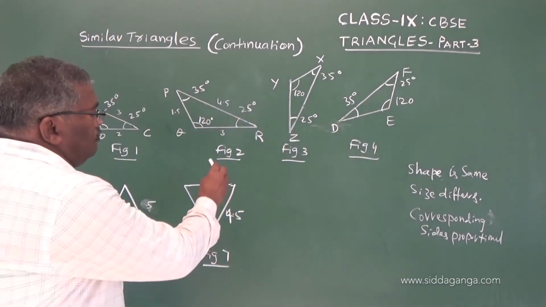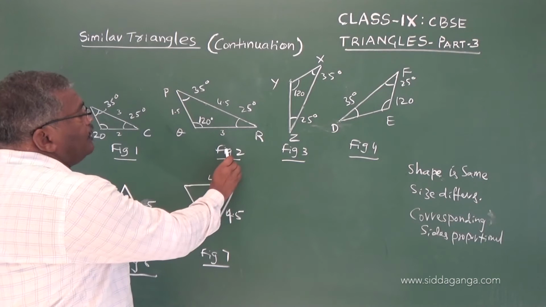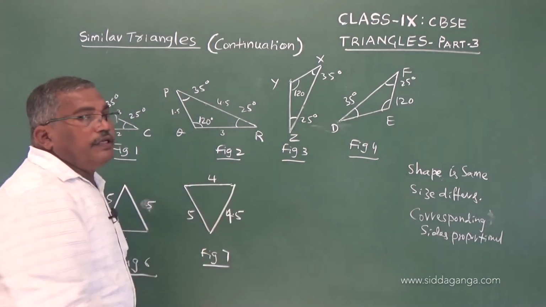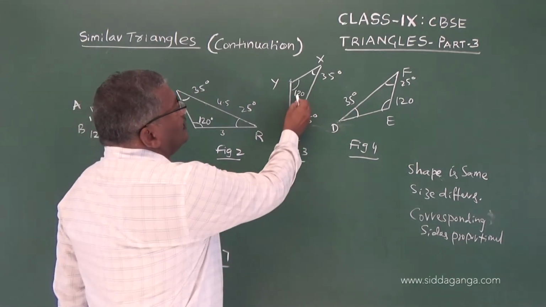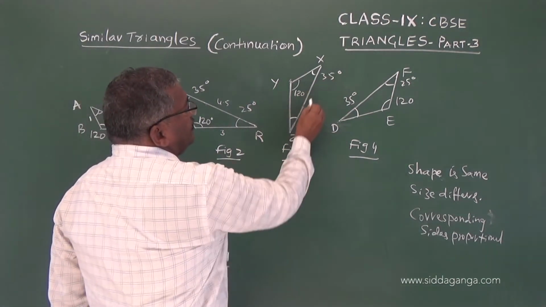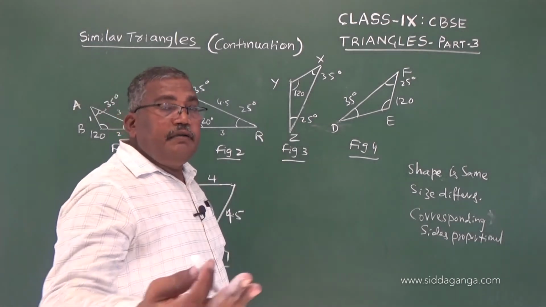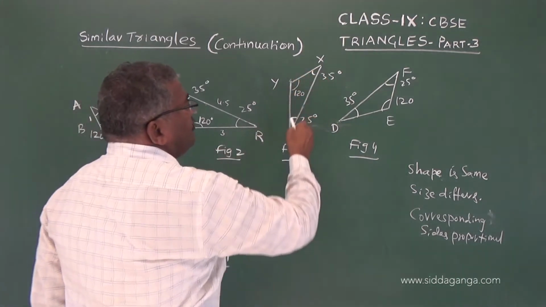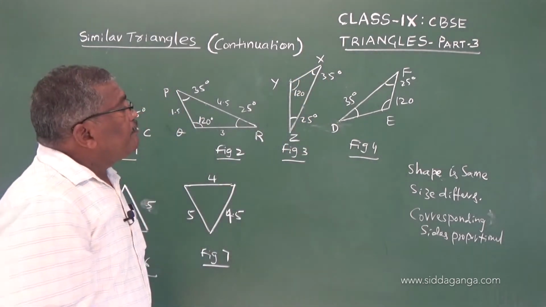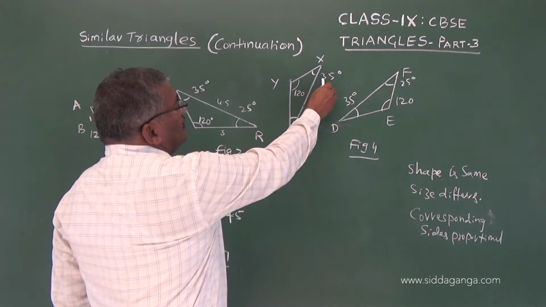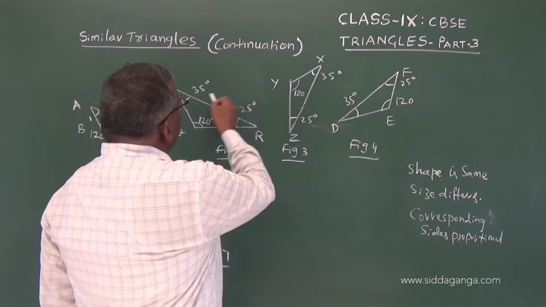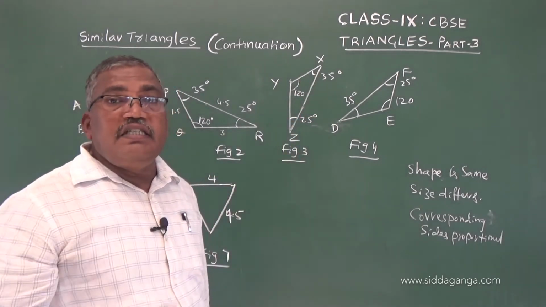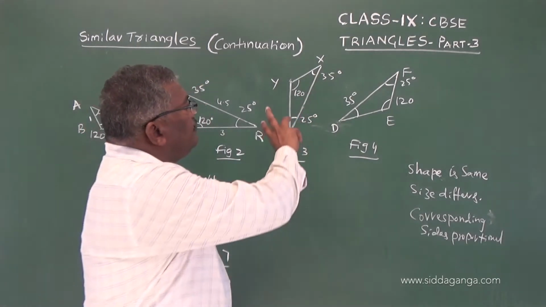If you compare figure 1 and 3, you can observe here, this is 120 degrees, 35 degrees and 25 degrees. The size may be different, as you can see from the figure. But the same angles are there, 35, 25 and 120. The figure is a little rotated, so it does not matter. It might have flipped like this.